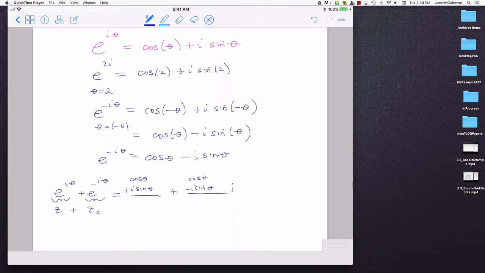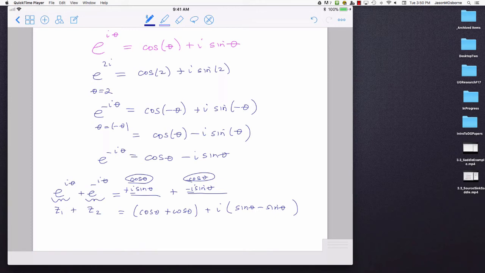Okay. And we're adding these together by adding the real parts, so you'll get cosine of theta plus cosine of theta, and then factoring out the imaginary number, you would get sine of theta minus sine of theta. Okay.